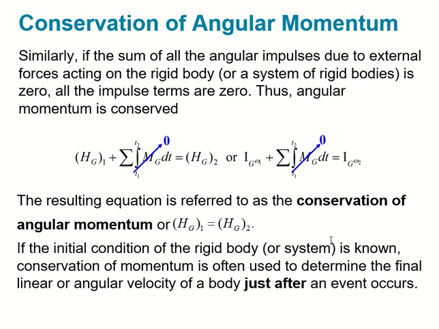So conservation of angular momentum is the same thing. See, the symbol is different. Initial and final, instead of H, we write it in terms of mass moment of inertia and angular velocity. Of course, we write it that way. And then when this impulse part is 0, no impulse, of course, we can get that they're the same.